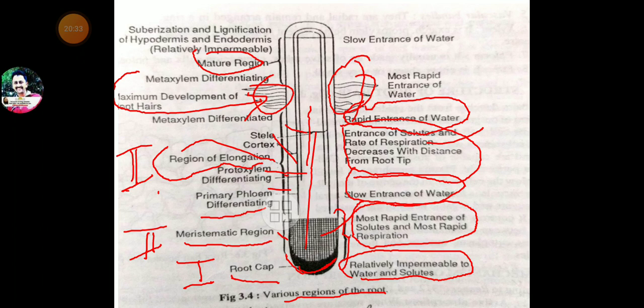In between the mature region and the region of elongation, the maximum number of root hairs are developed, and these root hairs absorb as much water as is required for plant life.